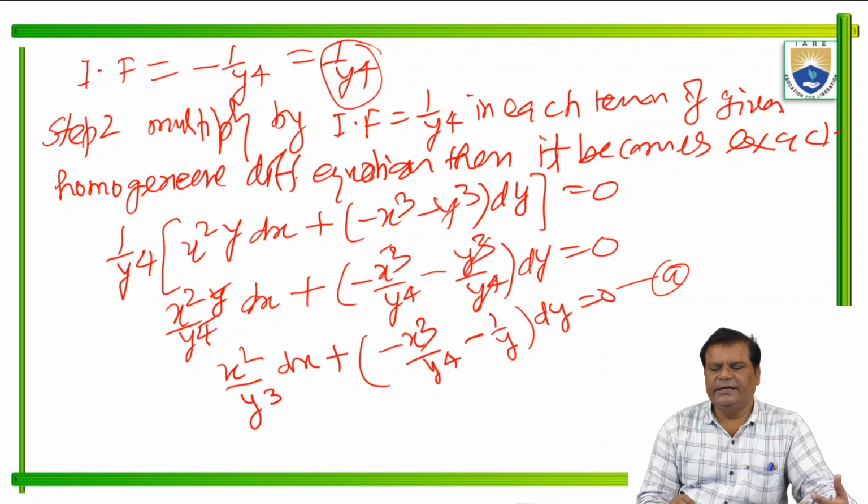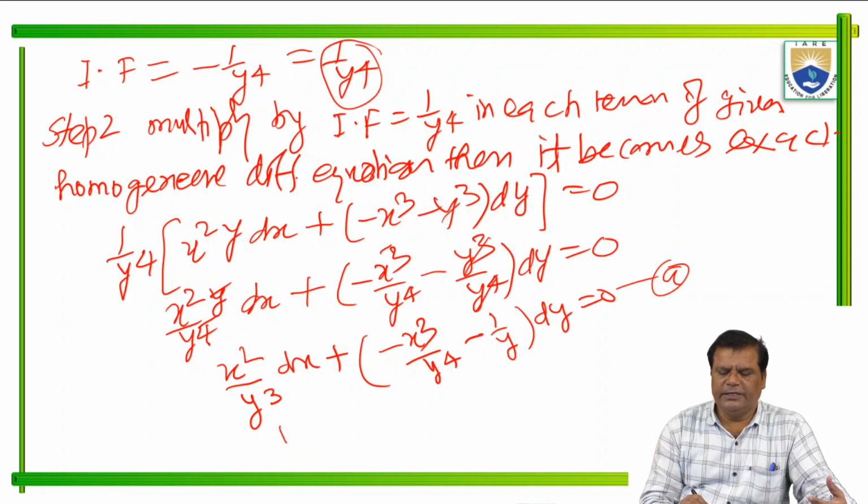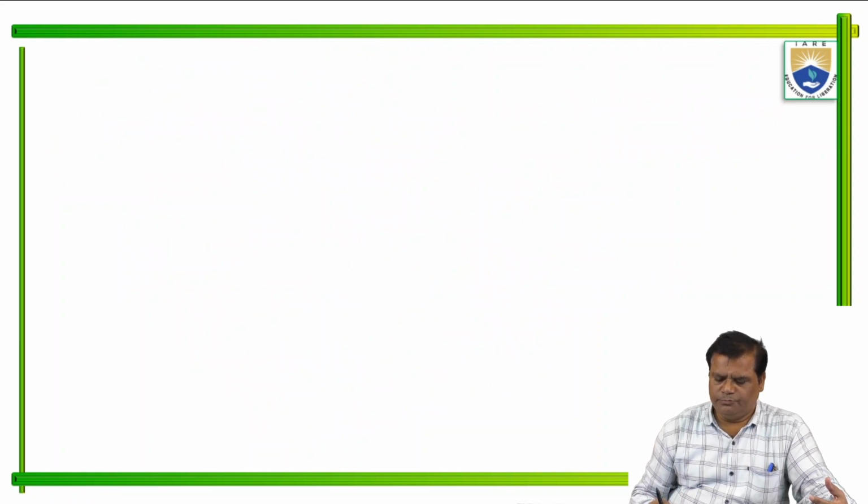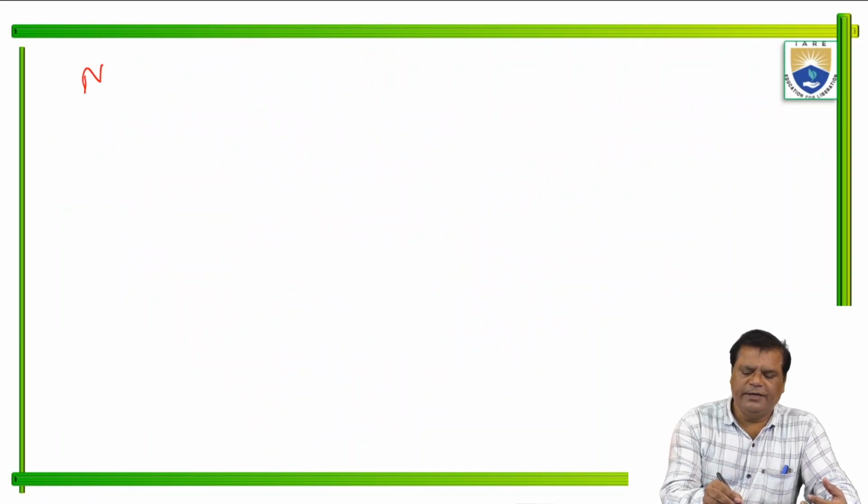Check. We are checking here whether this is exact or not. This is m dx plus n dy equal to 0. Now what is m here?